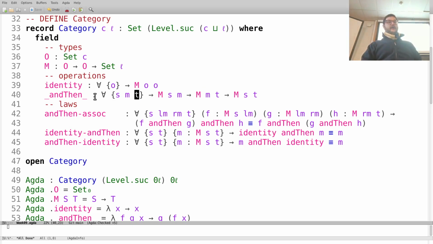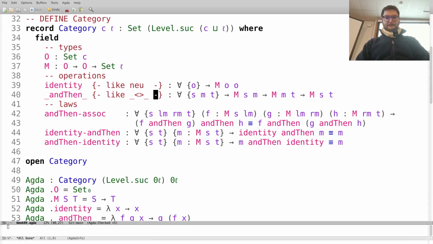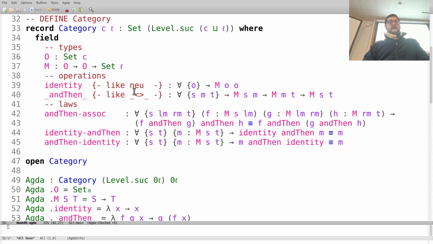And just like with the monoid operation, so this is, as we said, like nu, and this is like diamonds, this of course. And just like we had laws for these operations, we have laws for these fancier versions of the operations.